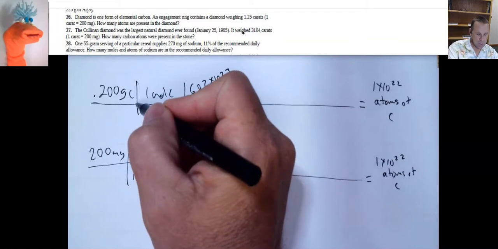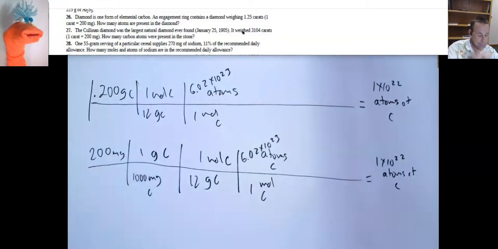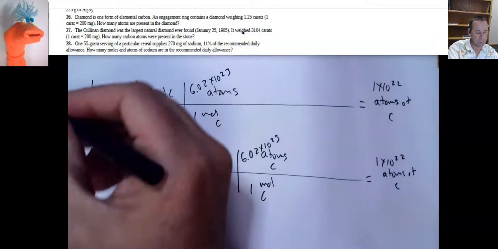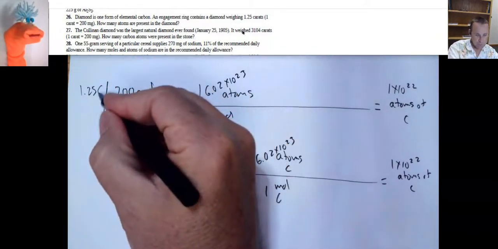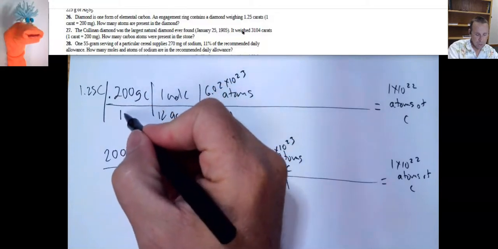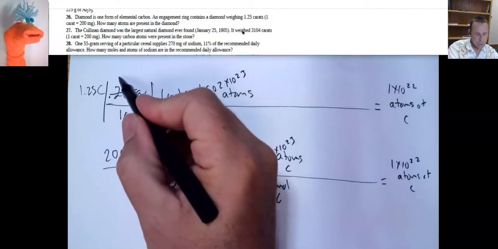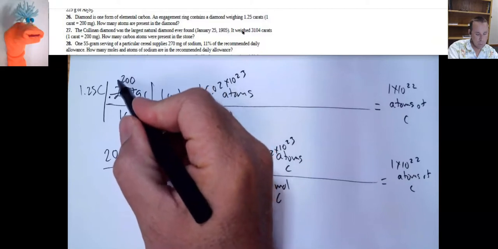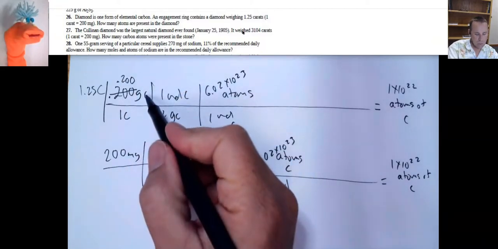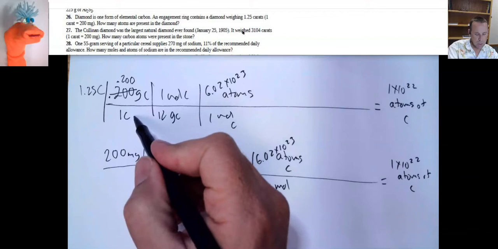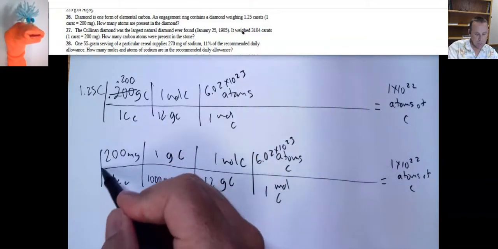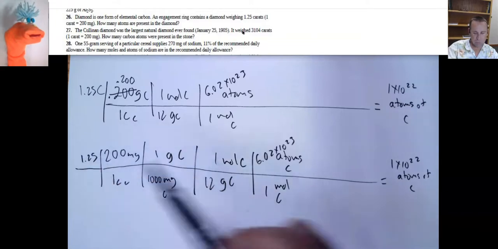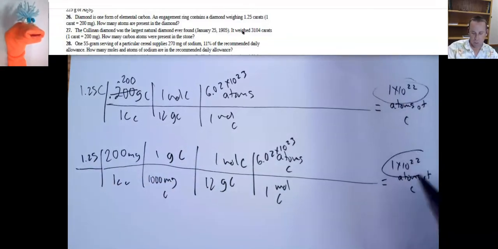Yeah, so we have to go back one step here and say that if I have 1.25 carats, and 1 carat of carbon is 200 milligrams, but I started with 1.25, so these numbers here times 1.25.